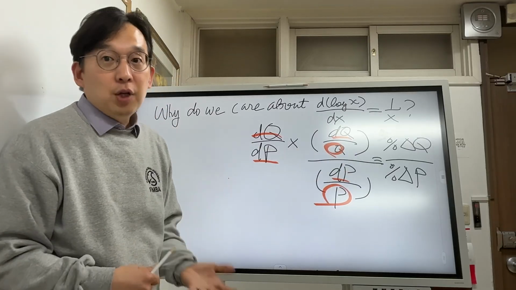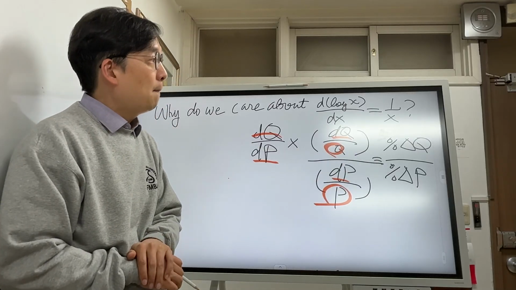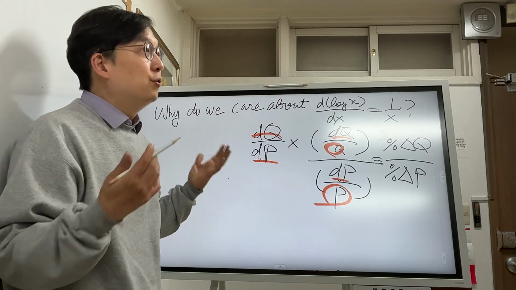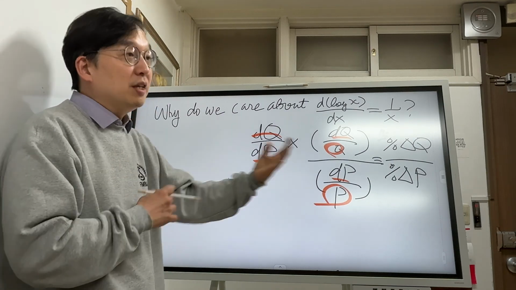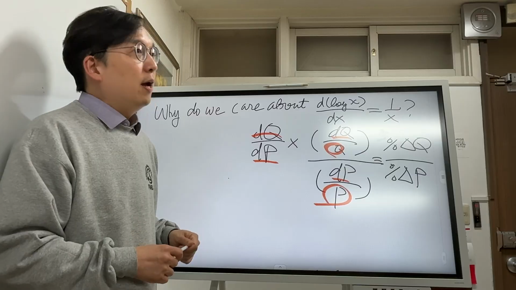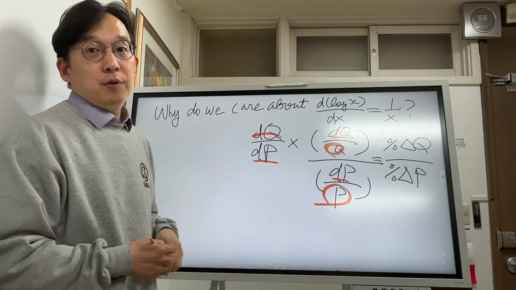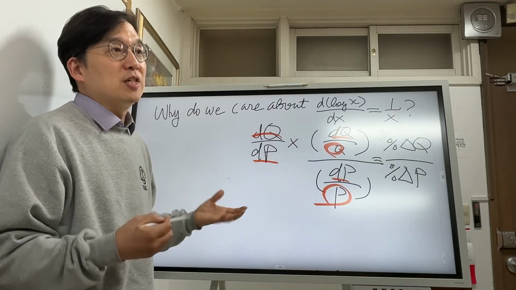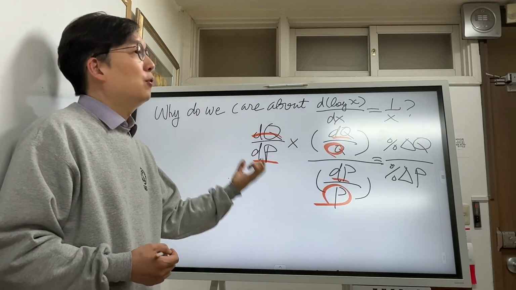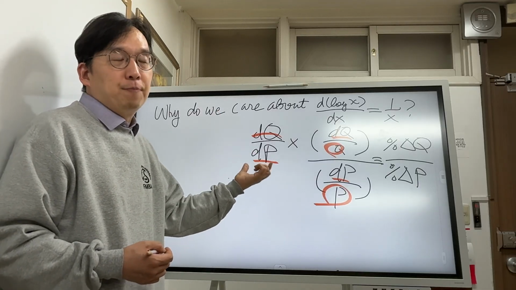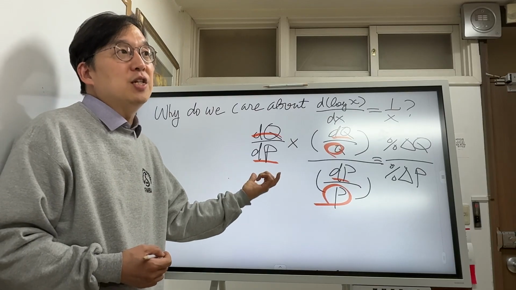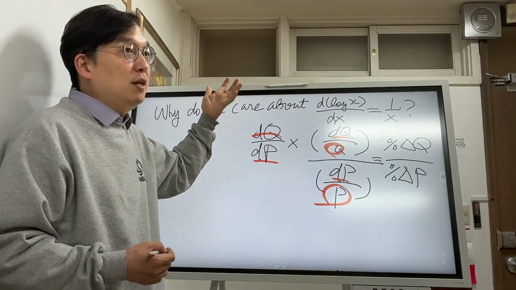Because of the unit problem. Different goods have different units of quantity, and by simply taking the first derivative, we cannot extract as much intuition. For a fixed $1 change in price, how much does the quantity change?